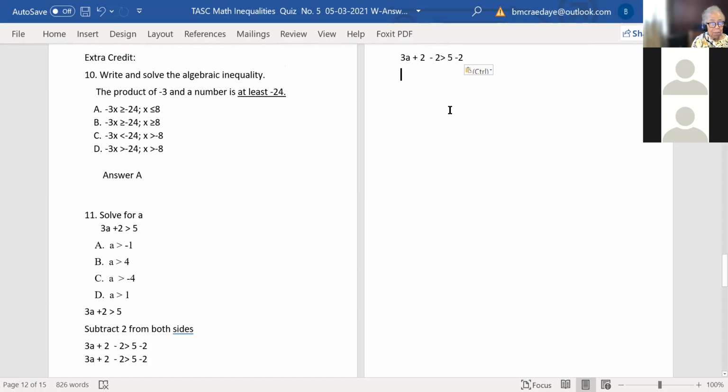What is left on the left side? What's a plus 2 and a minus 2, Maureen? Plus 2 and a minus 2 is a 0. Remember, I told you plus and minus the same terms is 0.